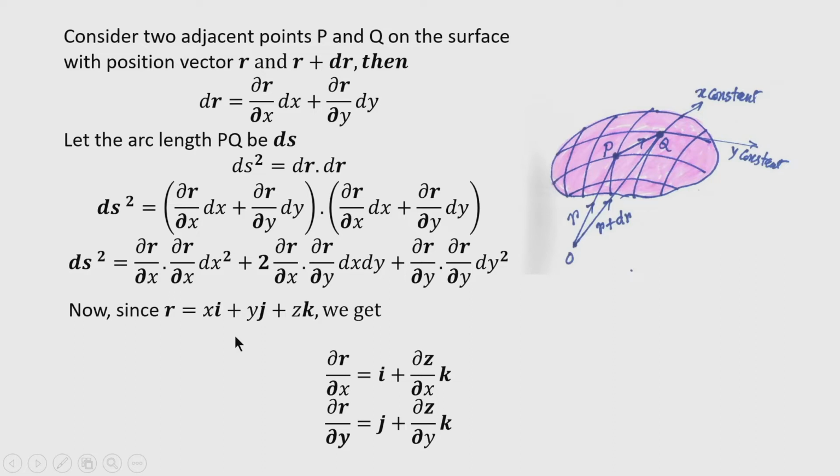The magnitude of i is 1 and the direction of the i vector is along the x axis. Then if I differentiate the y term with respect to x, this differentiation will be 0, because y is to be treated as a constant when differentiated with respect to x.